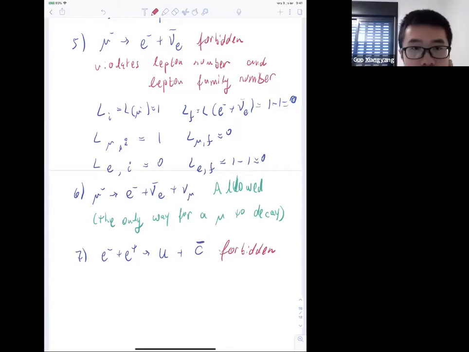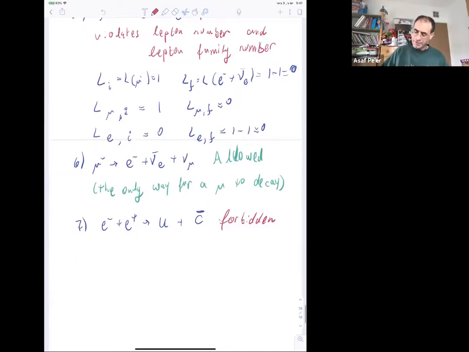The quark family. Thank you, very good. The quark family number is violated. And also the flavor.